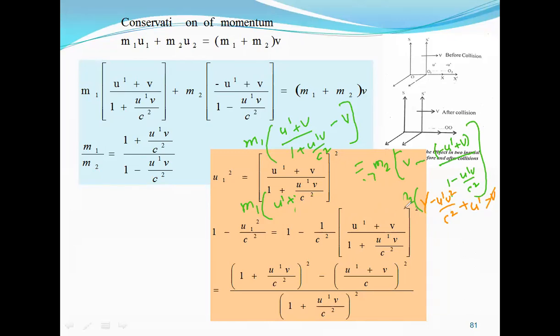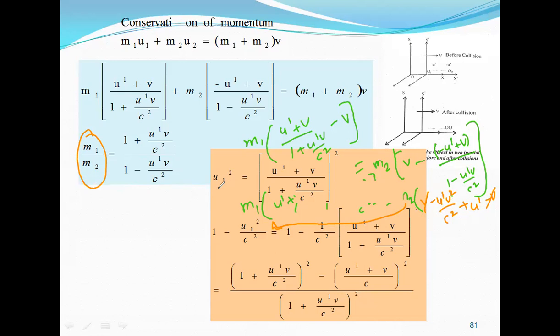So when I bring m1 to this side and m2 to this side, I get m1 by m2. And whatever is on the other side, you can see here: 1 plus u1 v by c square by 1 minus u1. Is it clear? Any doubts?